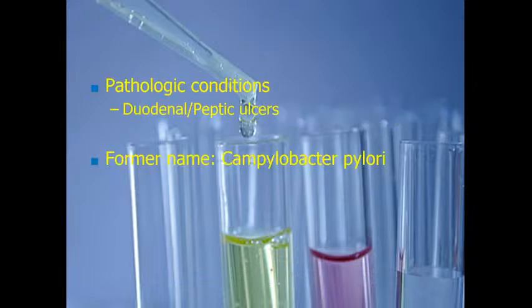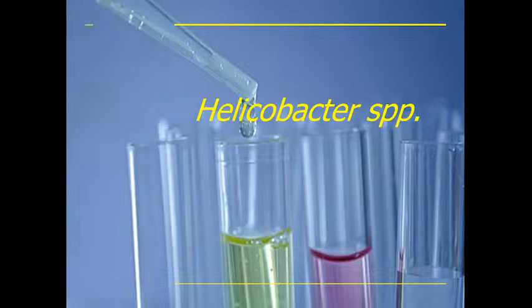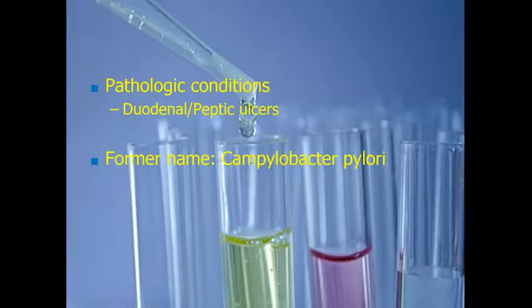Okay, now let's talk about Helicobacter species. Pathologic conditions include peptic ulcers, and the former name for this one is Campylobacter pylori. Okay, but it has been classified as Helicobacter because it has a different genetic makeup. Yeah, I think it has something to do with the genetics.